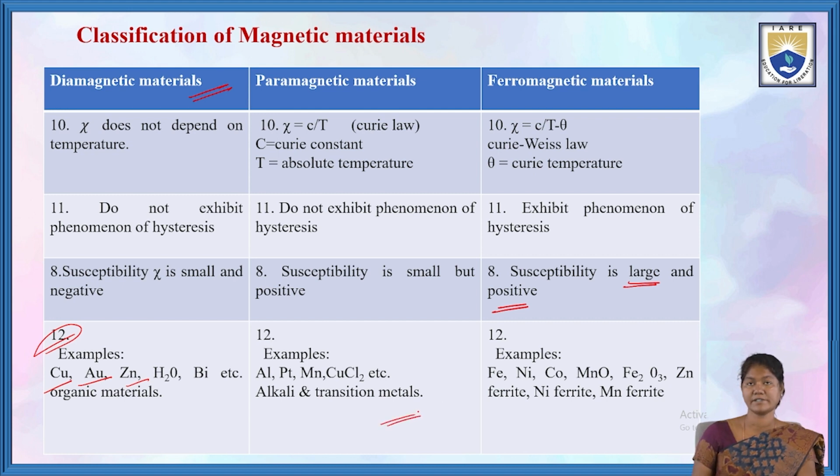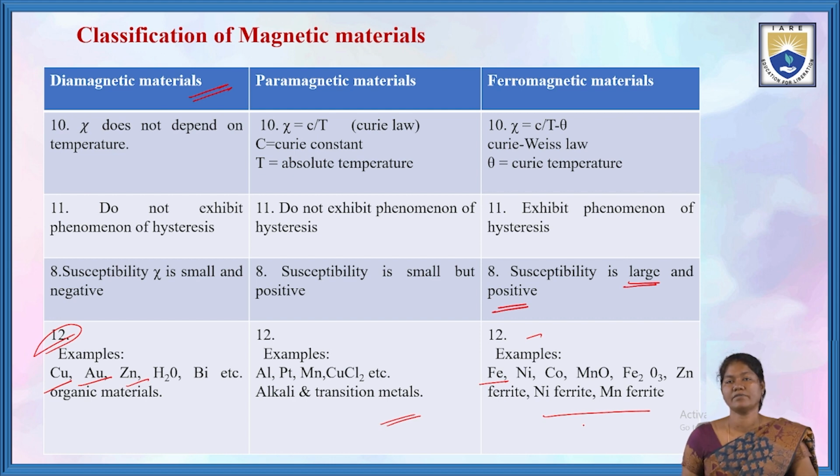For ferromagnetic materials, we can take iron, ferrites, nickel, cobalt, and so on. We have so many examples of ferromagnetic materials.